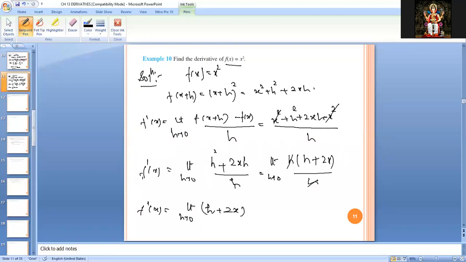When h is there, put h equal to 0. It will be 0 plus 2x. It will be 2x as the answer. If the question is find the derivative using first principle of derivative, even then you will follow the same steps, right?